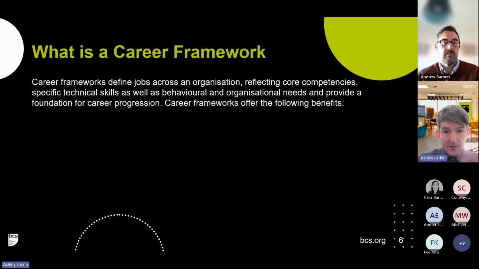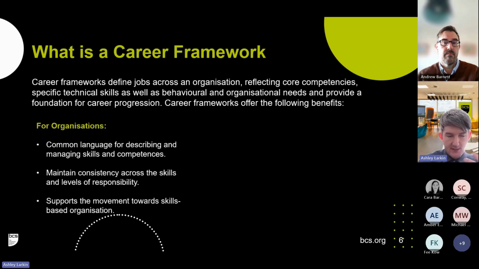From my experience of working with different clients, there is the benefit, as Andrew mentioned, at an organisational level, and some of the reason organisations work with us is having that commonality of language for describing skills and competencies within roles. Because it allows a consistency across all skill levels and a movement towards a skill-based organisation, and really building the idea of a job role being skill as a currency.